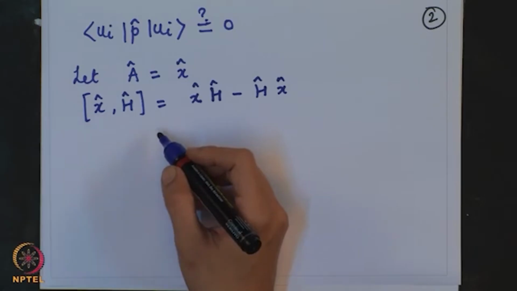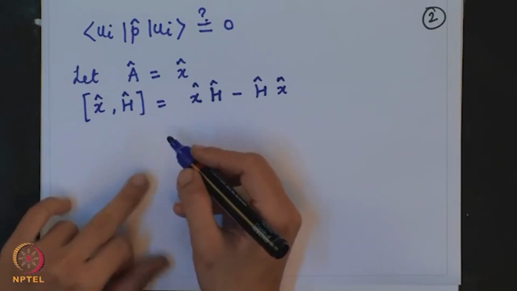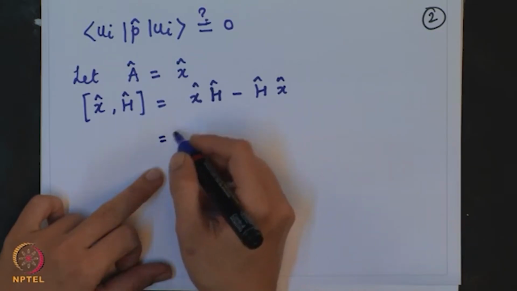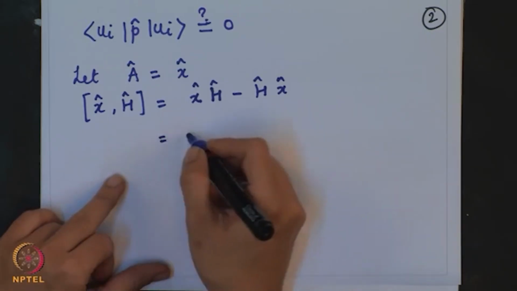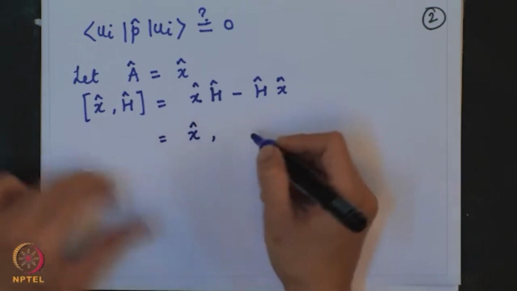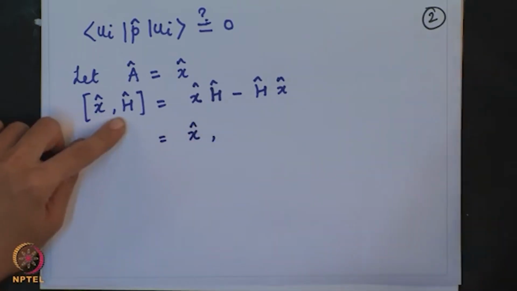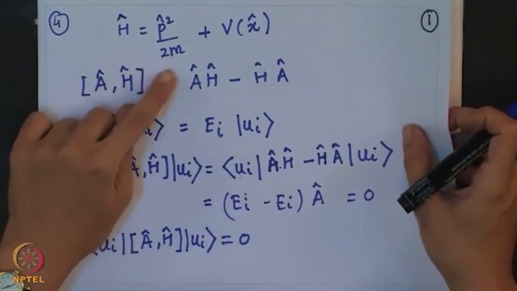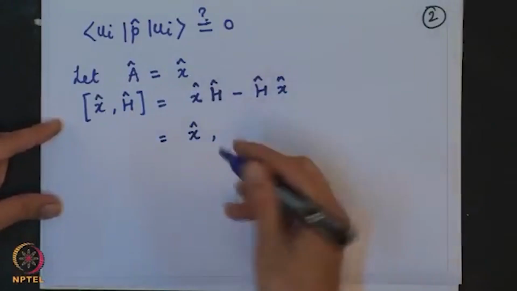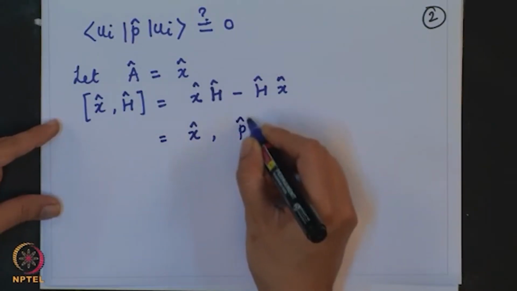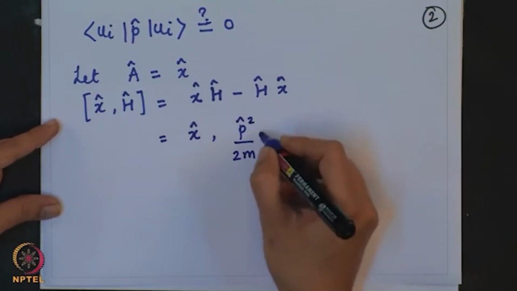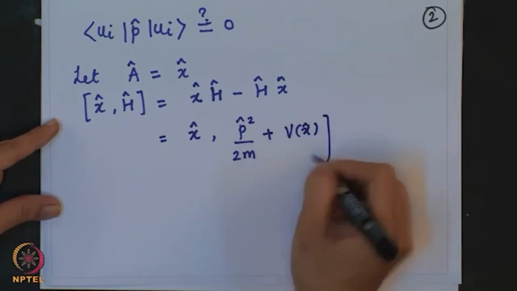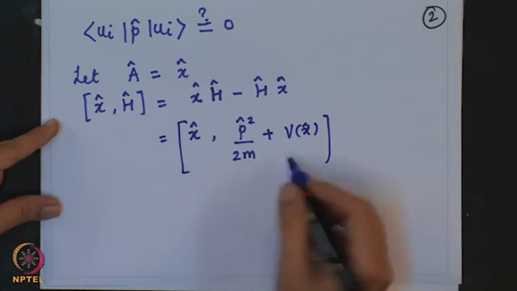Now, we will try to get this operator in terms of p and V. The operator H we saw here was p square upon 2m plus V of x. This is what it means.